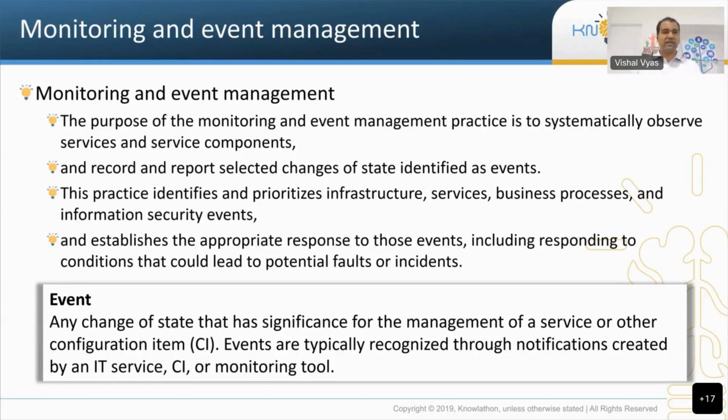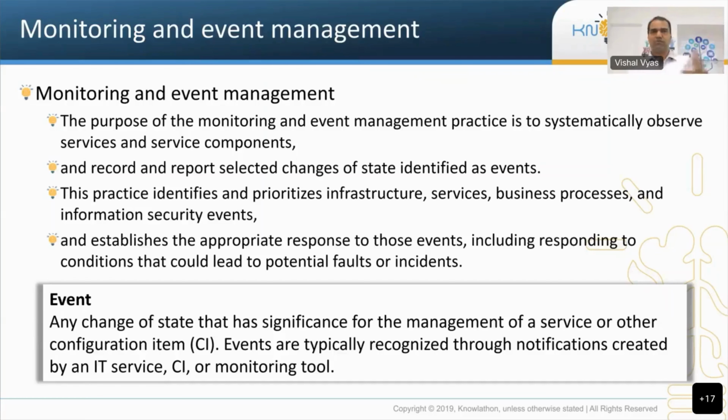Filtering is important in event management. If you set a filter too low, you will have millions of events and you will not be able to respond to any of those. If you set a filter too high, you will miss important ones. You will come to know about it after everything has failed.